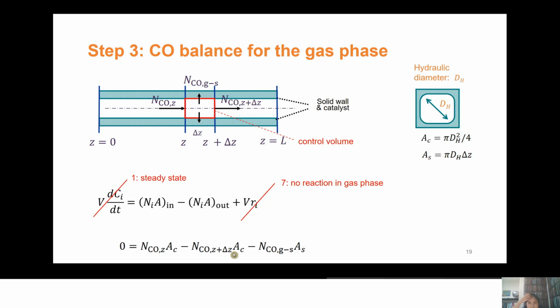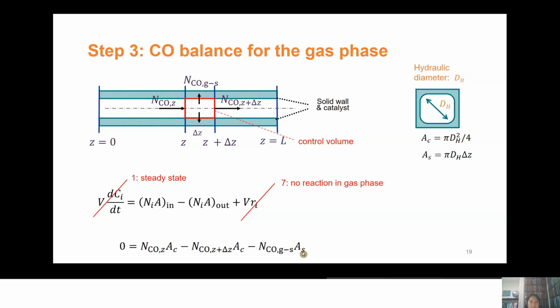And then there is another flux of CO going from the gas phase to the solid surface. We will denote this as N_CO,GS to indicate that this is the flux from the gas to the solid phase. It is minus because it's going out of our control volume.